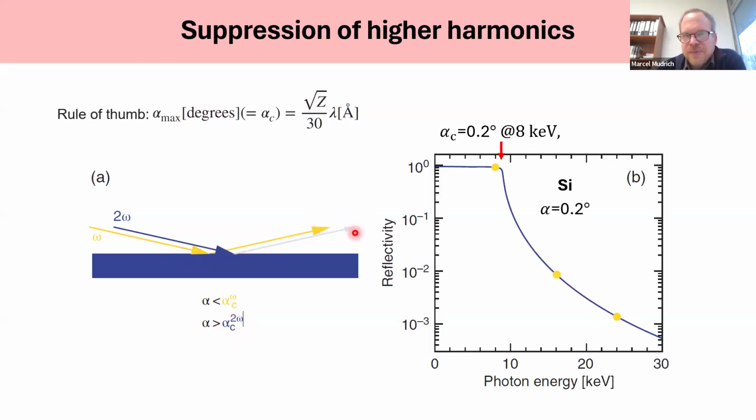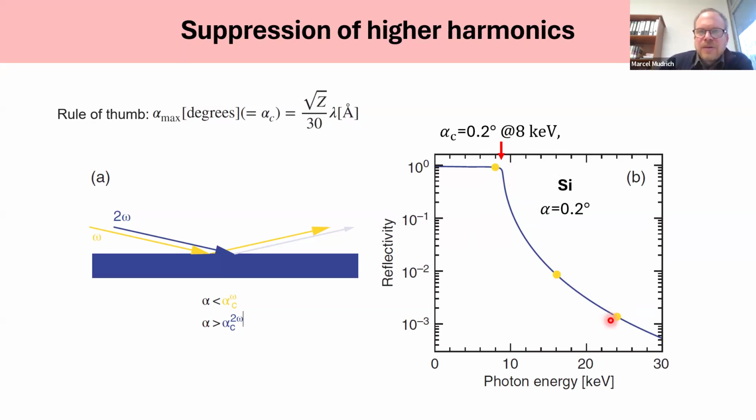That can be used, for example, for 8 keV incident light at an angle set to 0.2 degrees. Under these conditions, the fundamental, the 8 keV, would be reflected with almost unity efficiency, because we are in the total external reflection regime, but the second and third harmonics would be suppressed by 2 or 3 orders of magnitude, right?